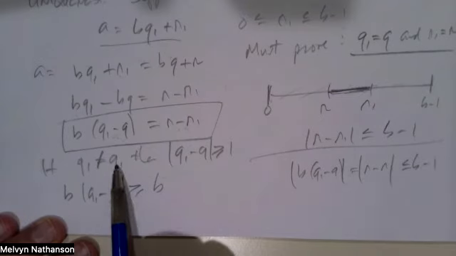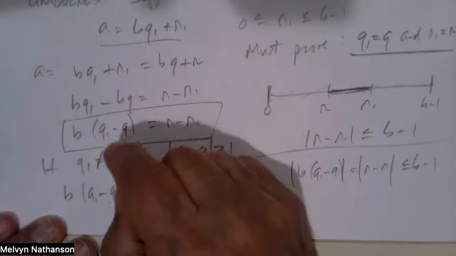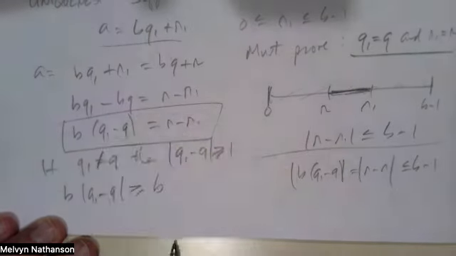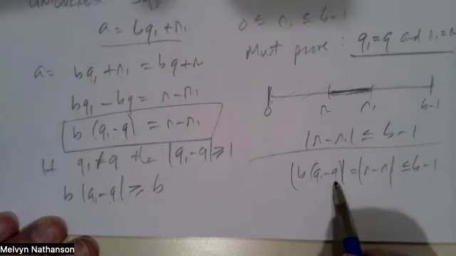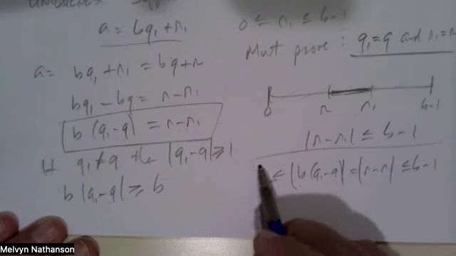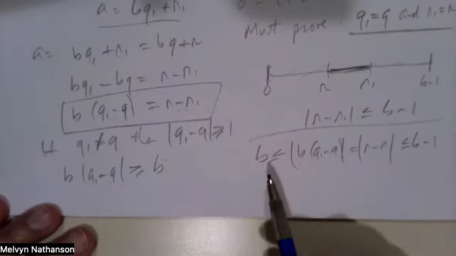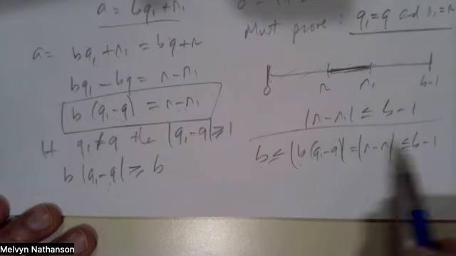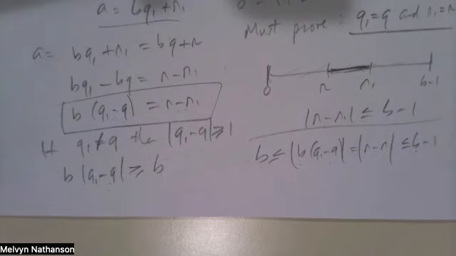But if Q1 is different from Q, then we saw that B times Q1 minus Q is greater than or equal to B. So I have an inequality that says B is less than or equal to B minus 1. And this is absurd.